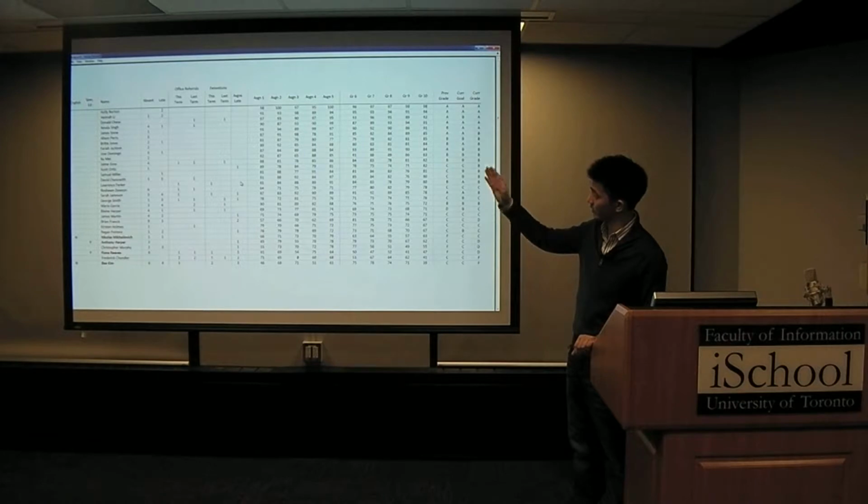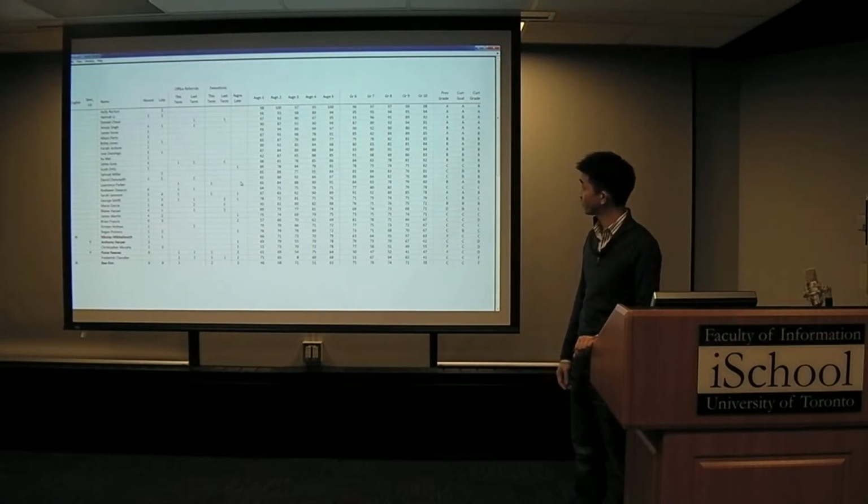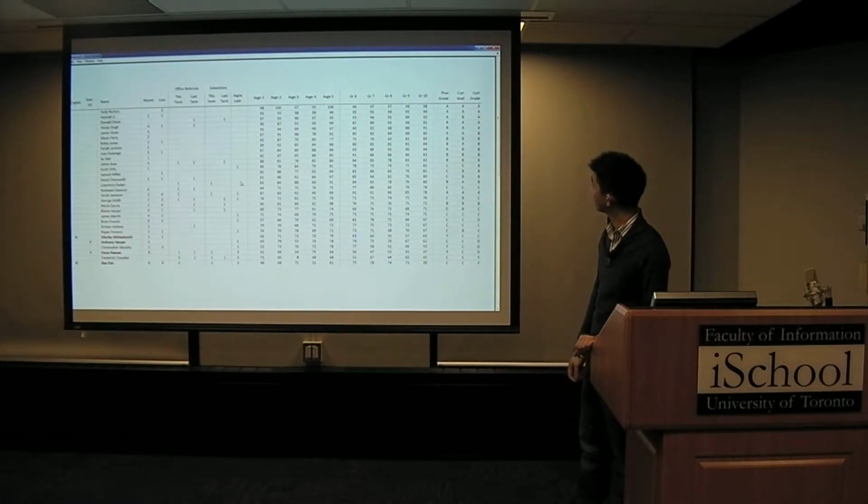We've got how many times they've been absent, late, how many times they've been sent to the office, detentions, marks from the last 5 assignments, marks in math from grades 6 through to 10, and also their previous grade for the last math course, their current goal that they're aspiring to, and where they're at right now.